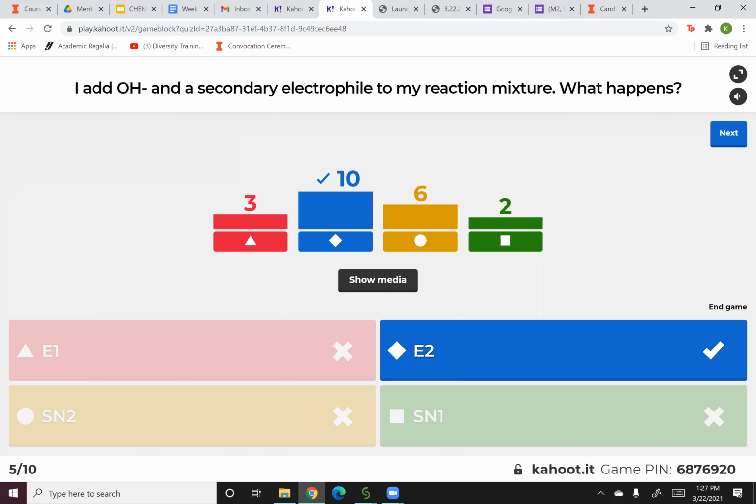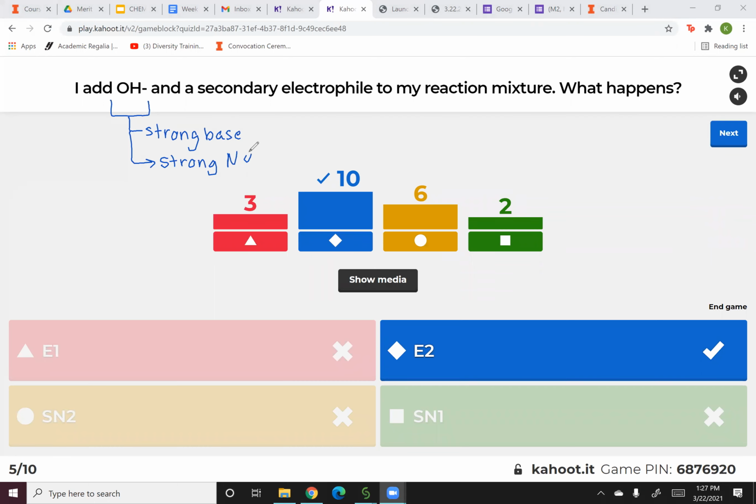Yeah, so OH minus is definitely a strong base, but we do have to be careful because it's also a strong nucleophile.